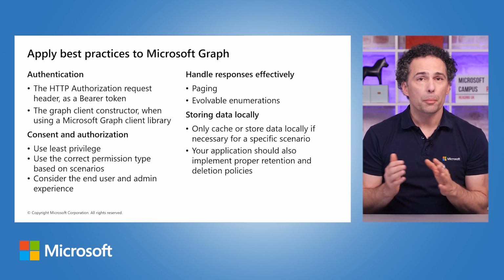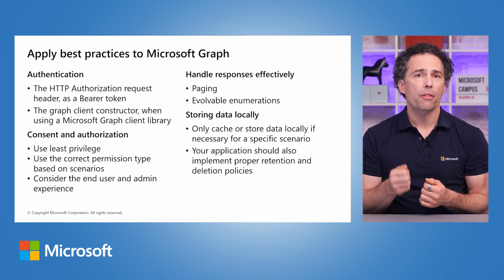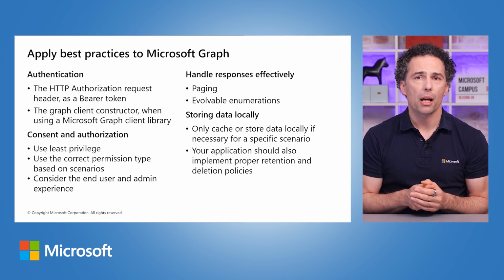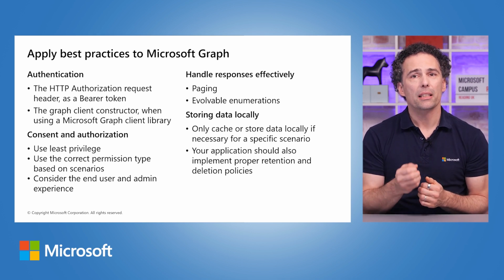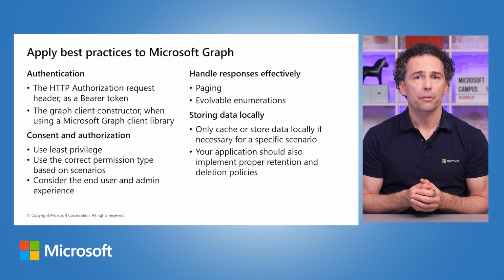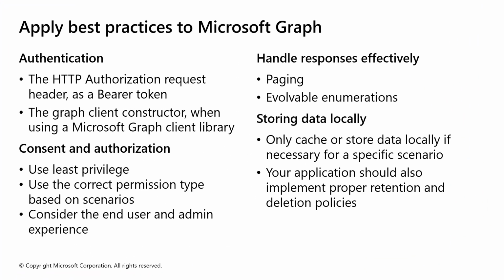And of course, as a best practice, make use of MSAL, the Microsoft Authentication Library API, to get the access token to Microsoft Graph. When it comes to consent and authorization, only request permissions that are necessary and only when you need them. Your application should use delegated permissions if it has an interactive scenario with a signed-in user.